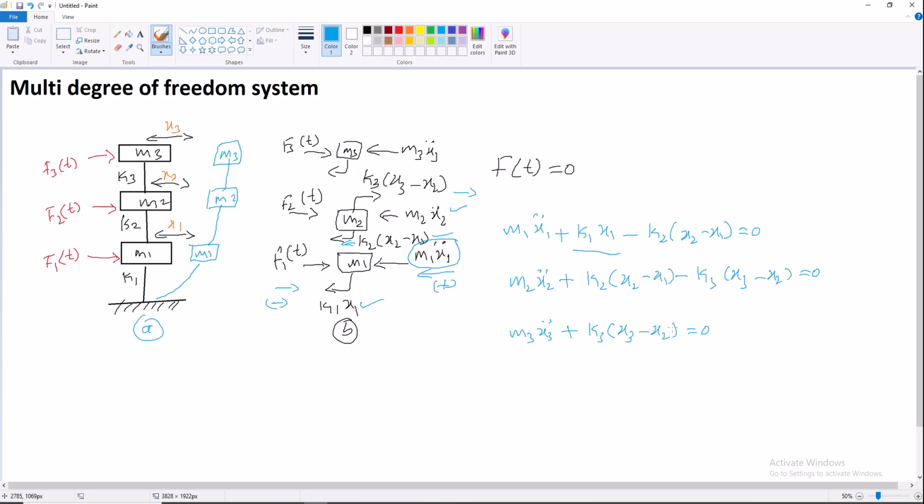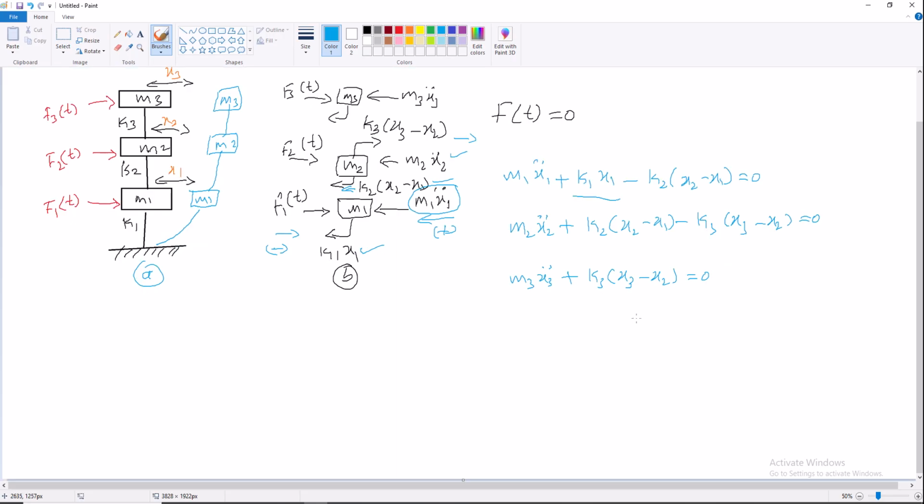Now I would like to write this in the form of the equation of motion itself. First I will take these as equation 1, equation 2 and equation 3.